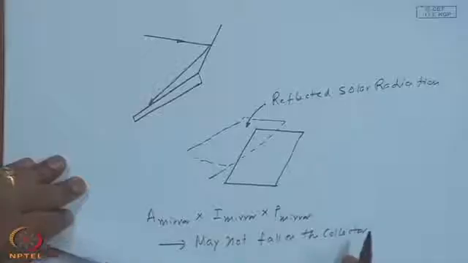Usually you orient it such that the maximum amount of reflected radiation falls on the collector surface at noon time, taking advantage of the high intensity. So, that is what we do by mirror boosters.